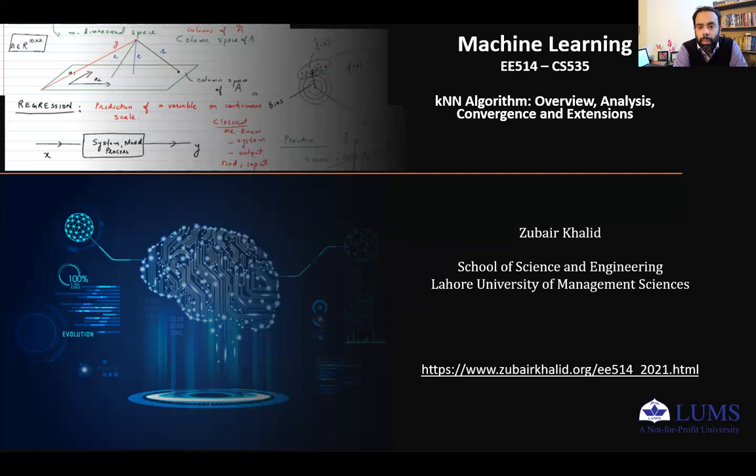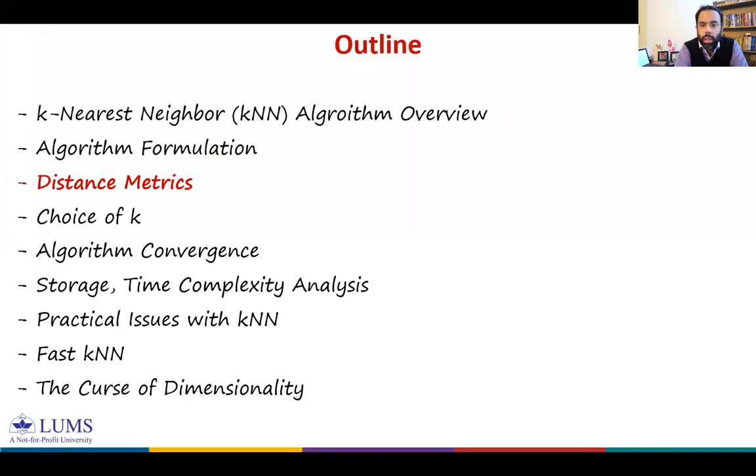And another hyperparameter was K, the number of neighbors which you can use to carry out your predictions. Today we will continue our discussion, and we will talk about the distance metrics we can use in KNN, and how we choose the hyperparameter K.